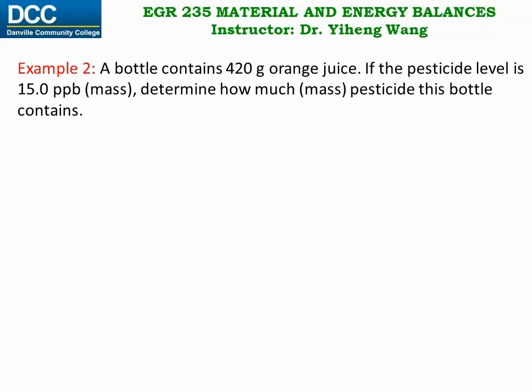So in this problem, the pesticide level is given as a mass fraction of 15.0 ppb, which means 15.0 parts in a billion, that is 10 to the 9th power. And that is 1.5 times 10 to the negative 8th power.